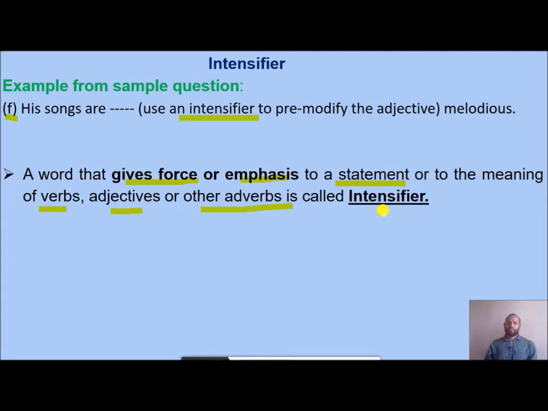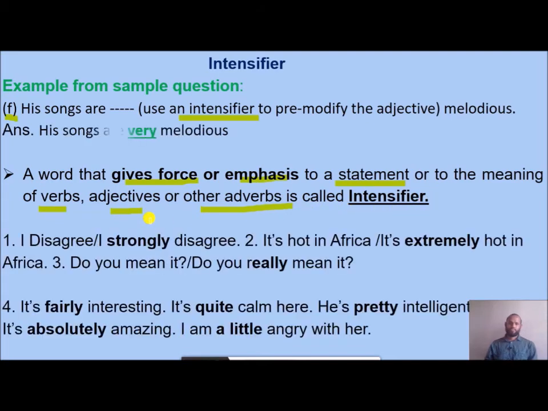So to give emphasis or importance to a statement, or to give a very powerful meaning to a verb, adjective or another adverb, the words that we use are known as intensifiers.